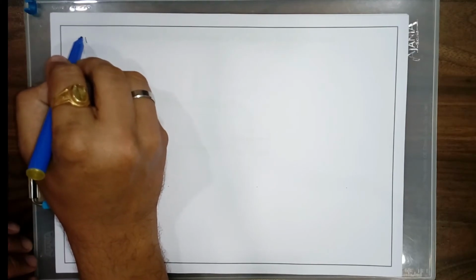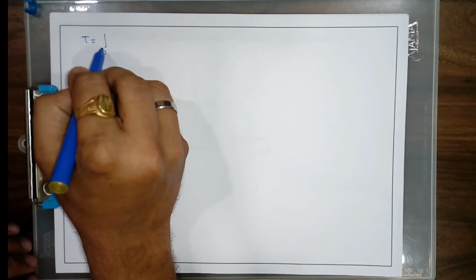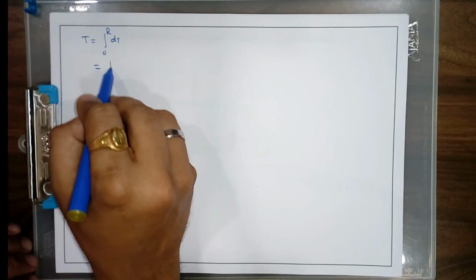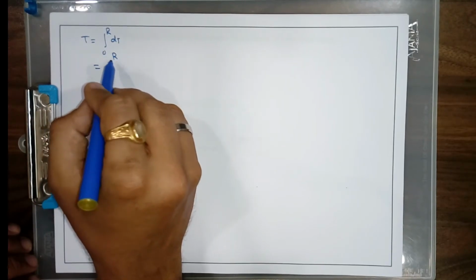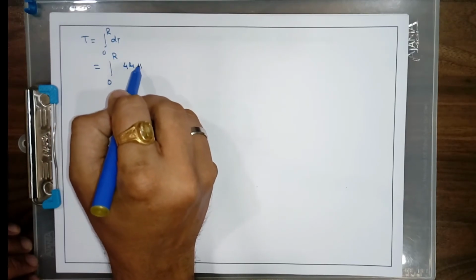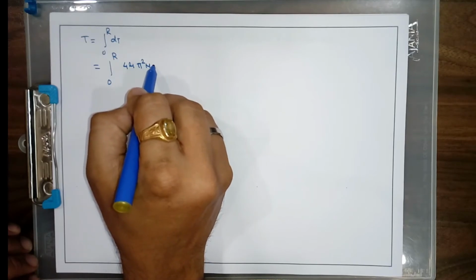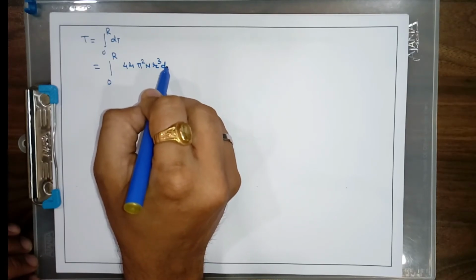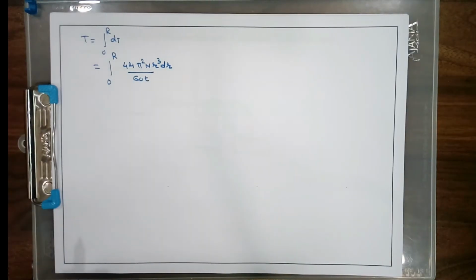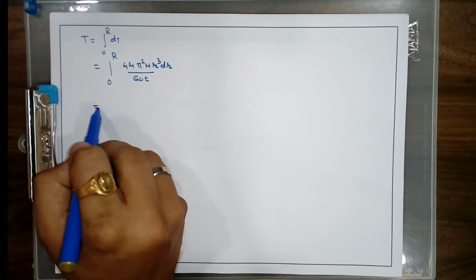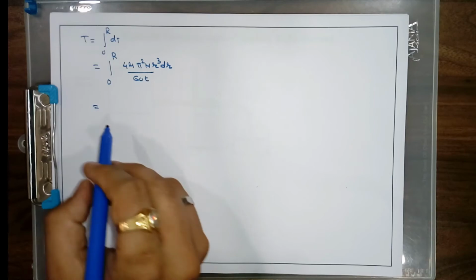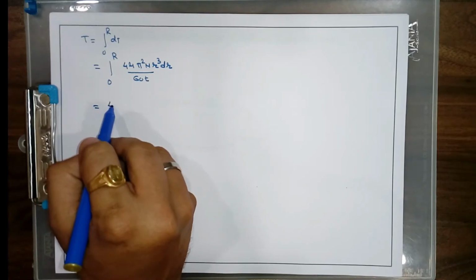So T is the total torque, T equals integration 0 to R of dT. The value of dT is 4 mu pi square N r cube dr divided by 60t. Now students, 4 mu pi square N and t are constants, so we keep them outside of the integration.